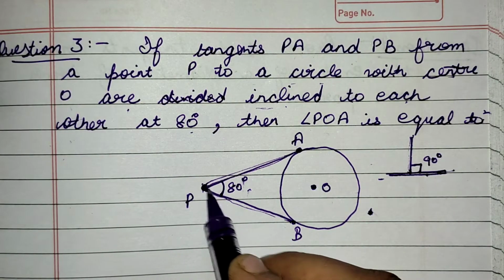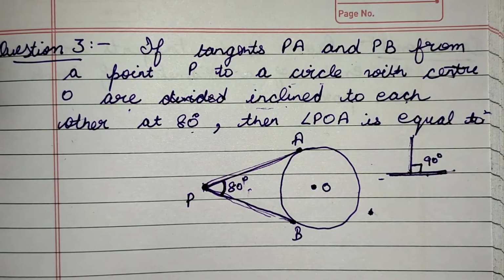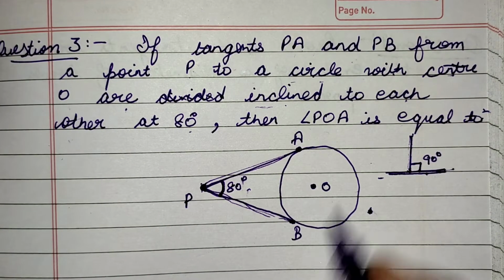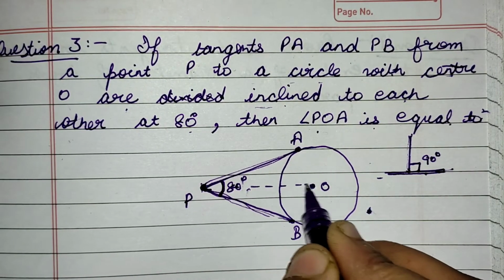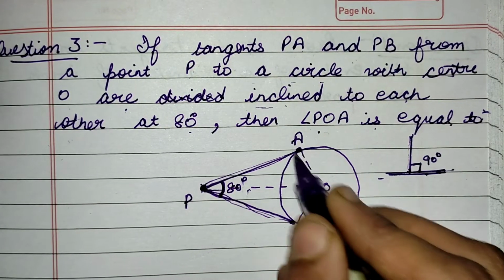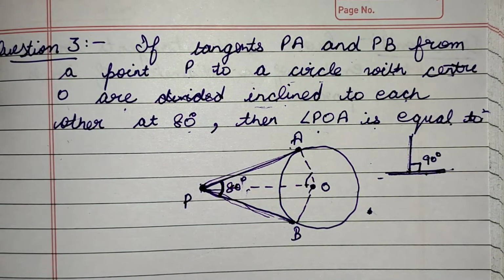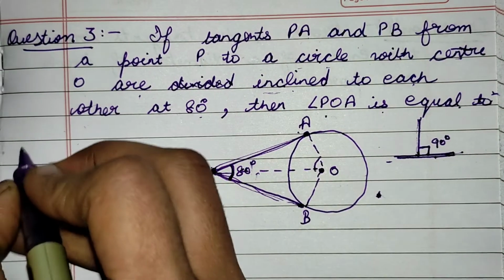Similarly here, inclined means both the lines are making an angle of 80 degrees with each other. Then we have to find out angle POA, right?